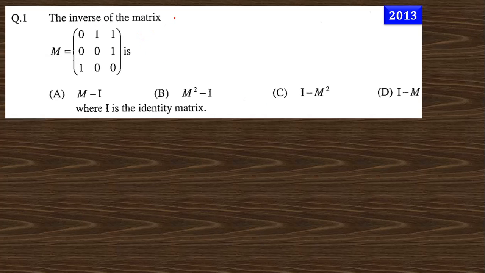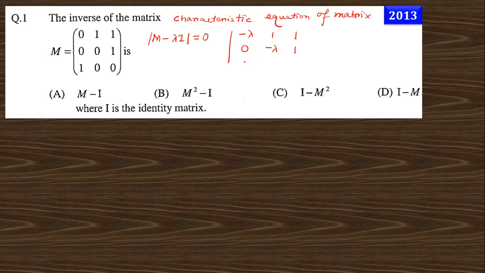The characteristic equation of matrix M is given by determinant of M minus lambda I must be 0. That means minus lambda, 1, 1; 1, minus lambda, 1; 1, 1, minus lambda.